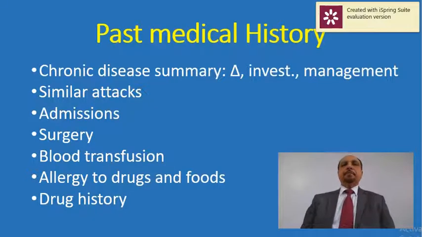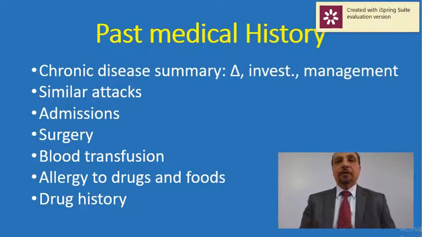As regards the past medical history, as you see, it has many components in children. If he is a known case of bronchial asthma, we'll speak about when it was diagnosed, what investigations were done for him, what his management plan is, and what medication he is taking, with the doses, and whether he is improving or not.